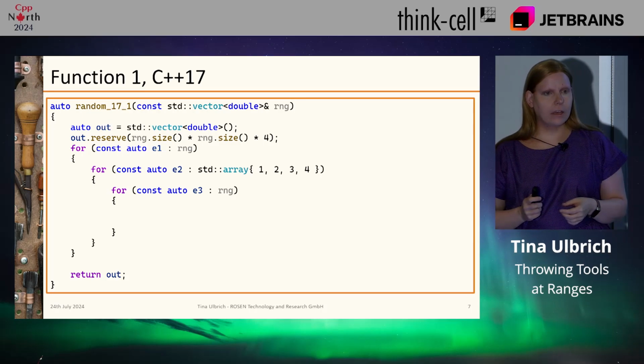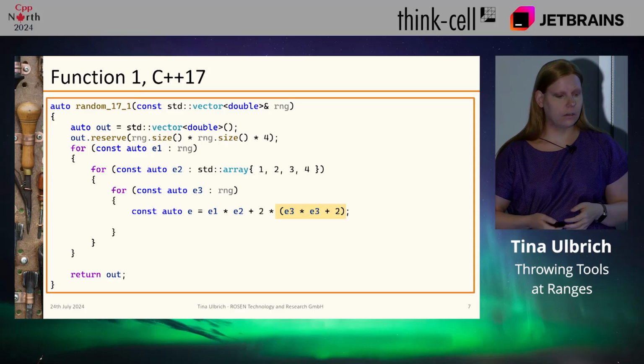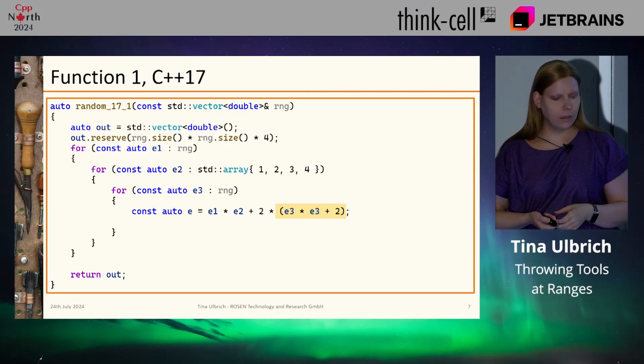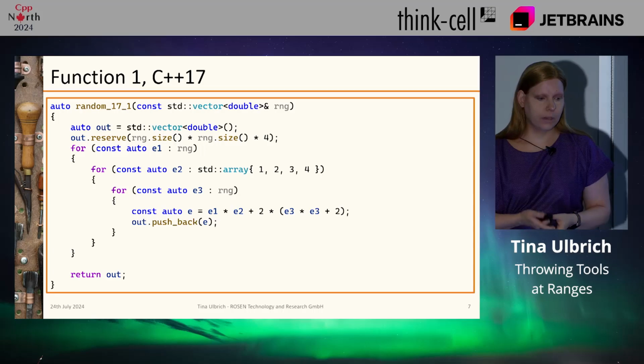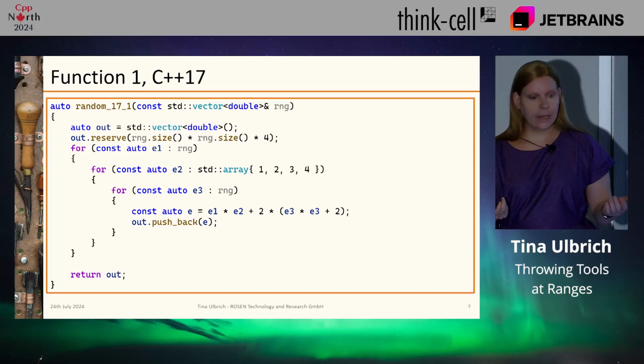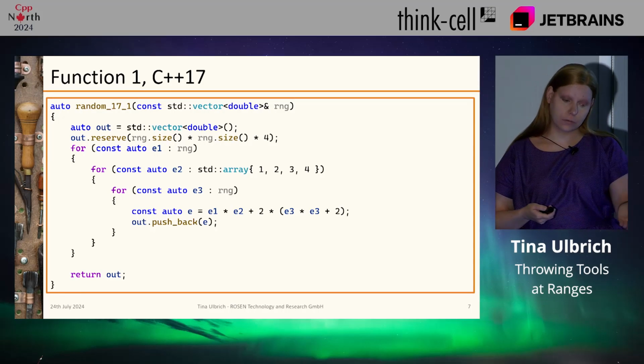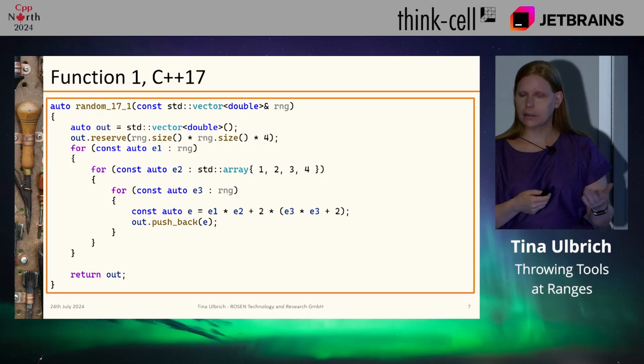And I do the calculation that I did in the transform view right in the for loop body, and I push back the element. Also reserve the size beforehand. And that is the equivalent to what we saw before for the ranges, just with the difference that it's actually getting evaluated right away.